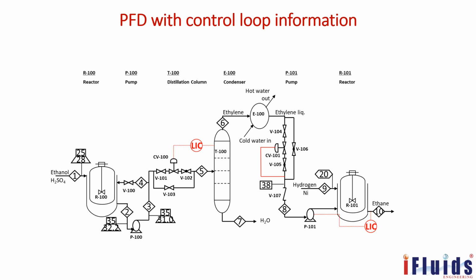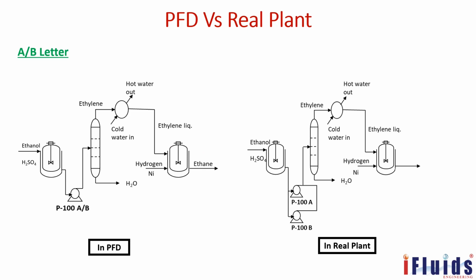So these are the basic important loops you have to show in the PFD. In a nutshell, in the PFD we have to show the static equipment, rotating equipment, flags you can use, stream numbers you have to use, stream parameters as a table you can use, then important loops you can show.